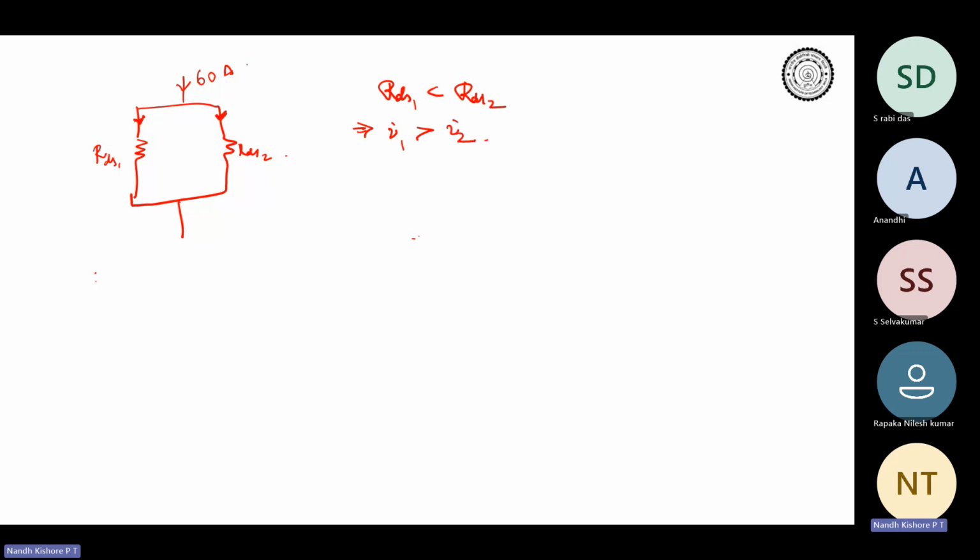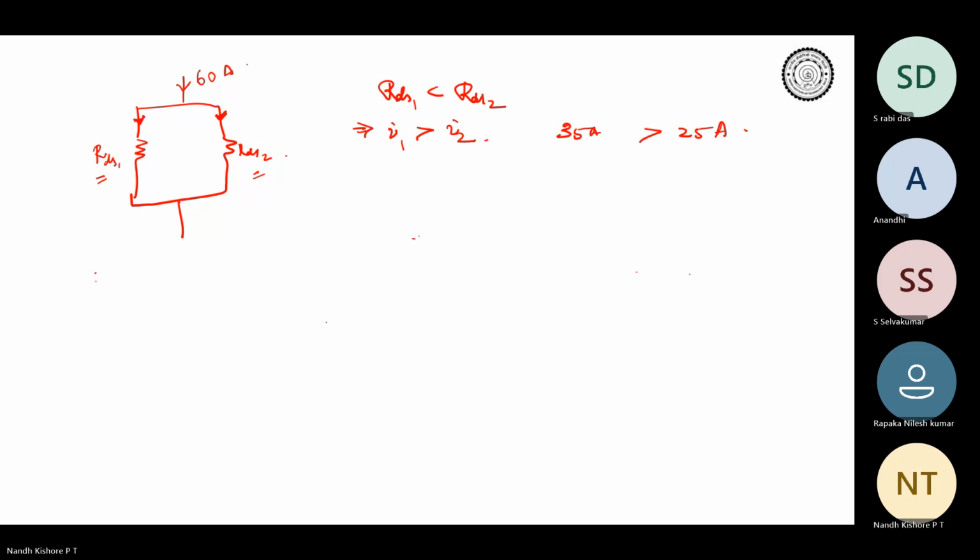So let's take some numbers. Let's say I1 is 35 amperes and I2 is 25 amperes. Okay, so this is the initial state of the circuit. The total current is 60 amperes, split as 35 amperes and 25 amperes because of the mismatch in RDS1 and RDS2 initially.